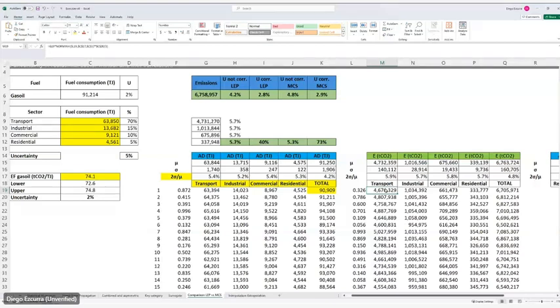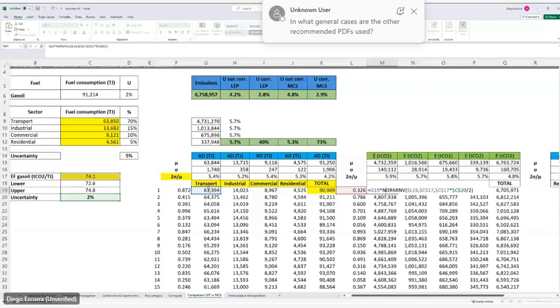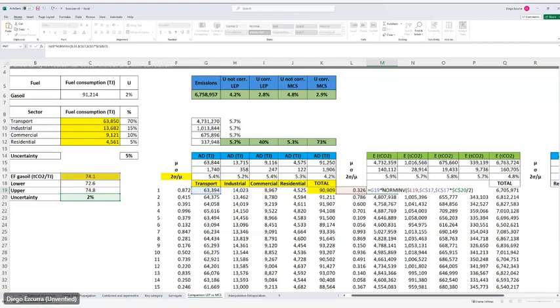When I calculated the emissions, what I did was multiply the simulated value for the fuel consumption in transport by not the value of the emission factor, but a simulated value that also considers the variability as a normal distribution.